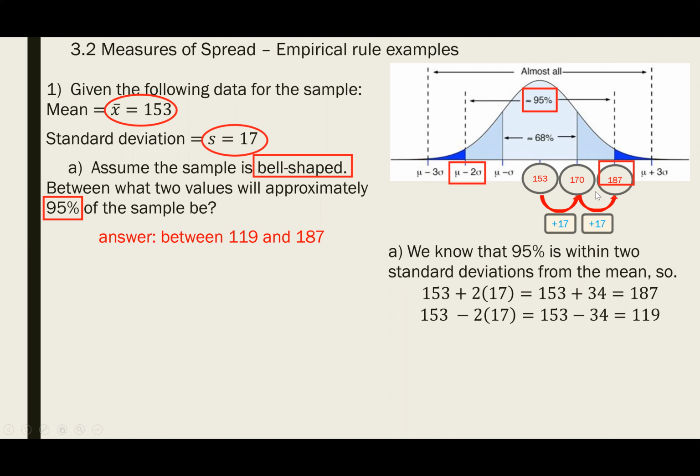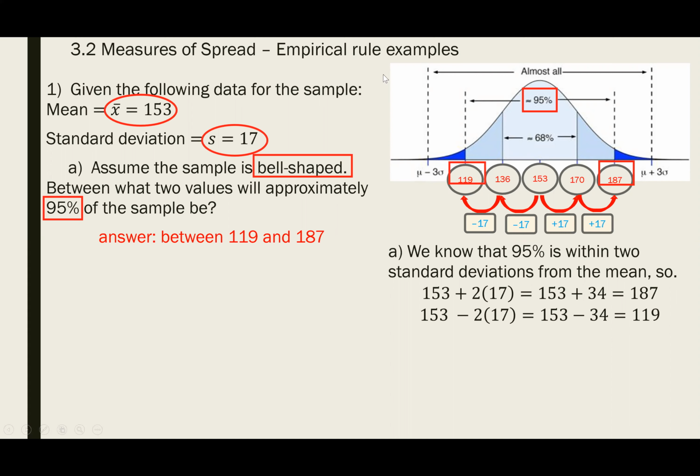Similarly, if I walk to the right, I add. If I walk to the left, I need to subtract, which is 153 subtract 17 to give me 136, and vice versa, 136 subtract 17 to give me 119. So it doesn't matter how you do it, you can plug into the formula and see the value, and then ask yourself, well, between what two values is 95%?